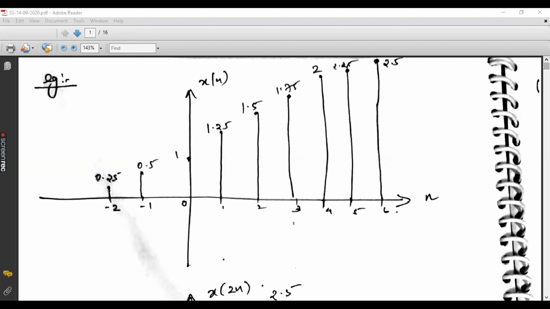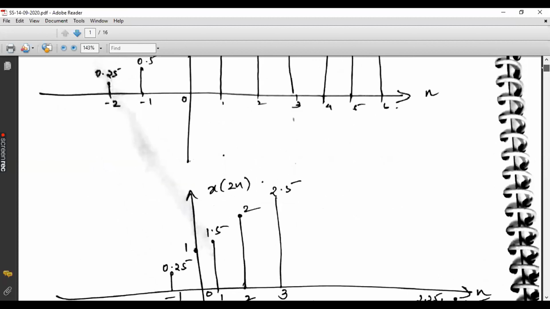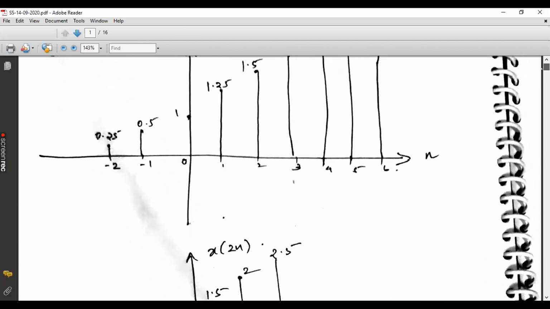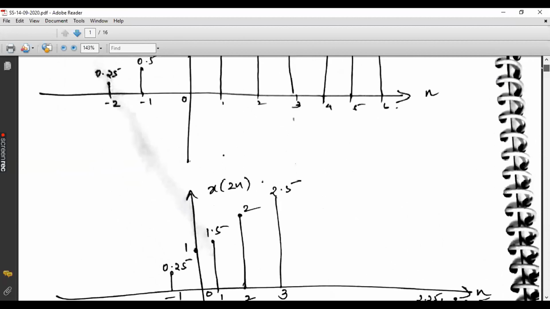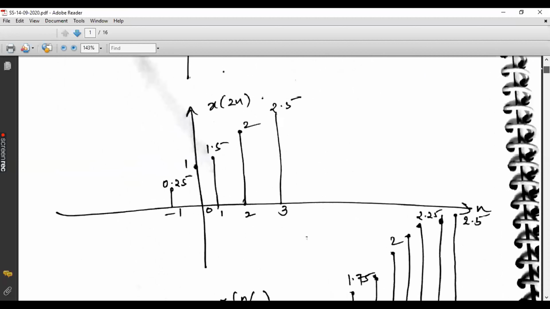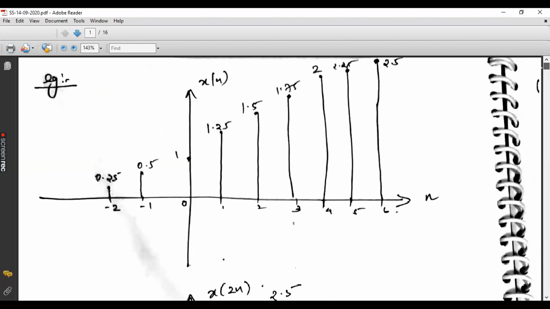The difference is that you are changing the time axis. You are not bothered about the uniformity. Just don't bother about those things. Whatever signal we have in the question, the same signal we are reproducing here. The only thing is the time instance we are going to make half. Is that clear for you? Okay, yes sir. Thank you, sir.